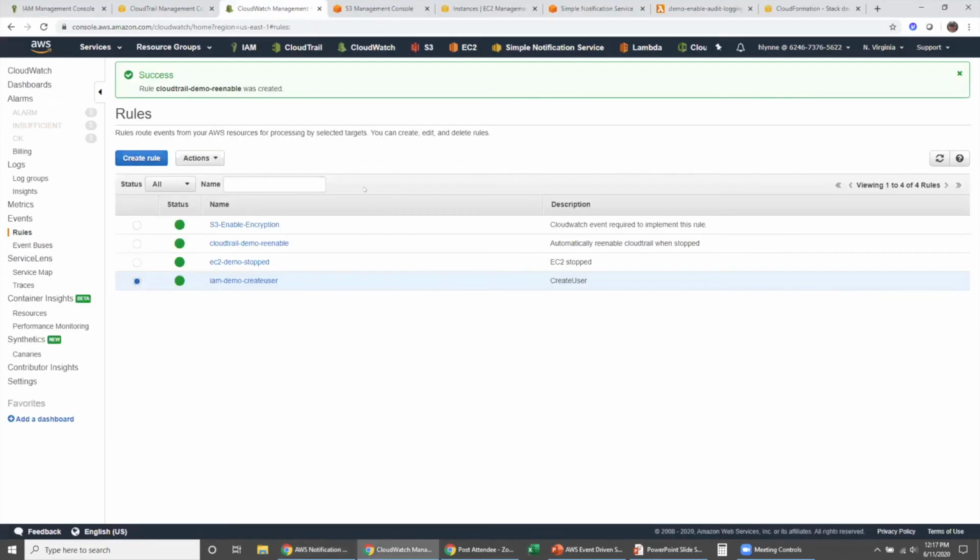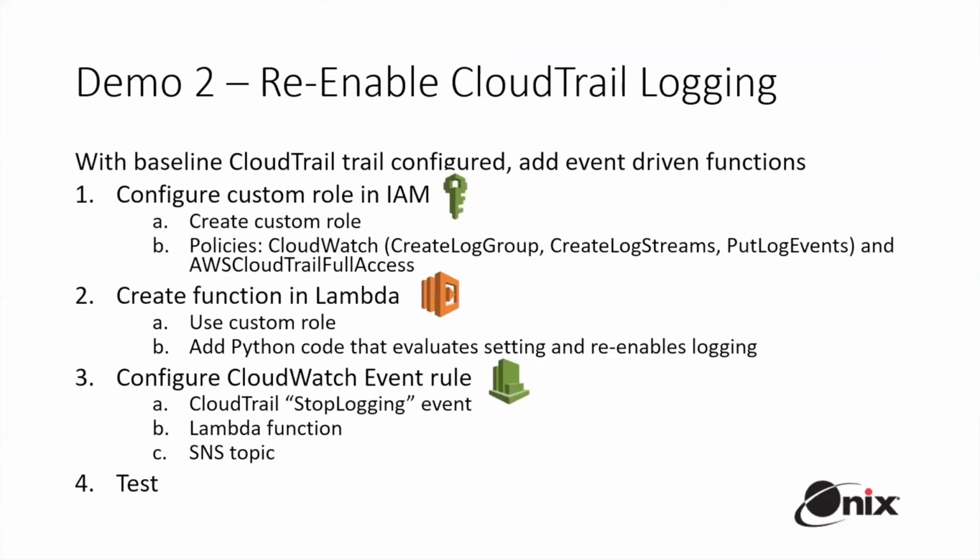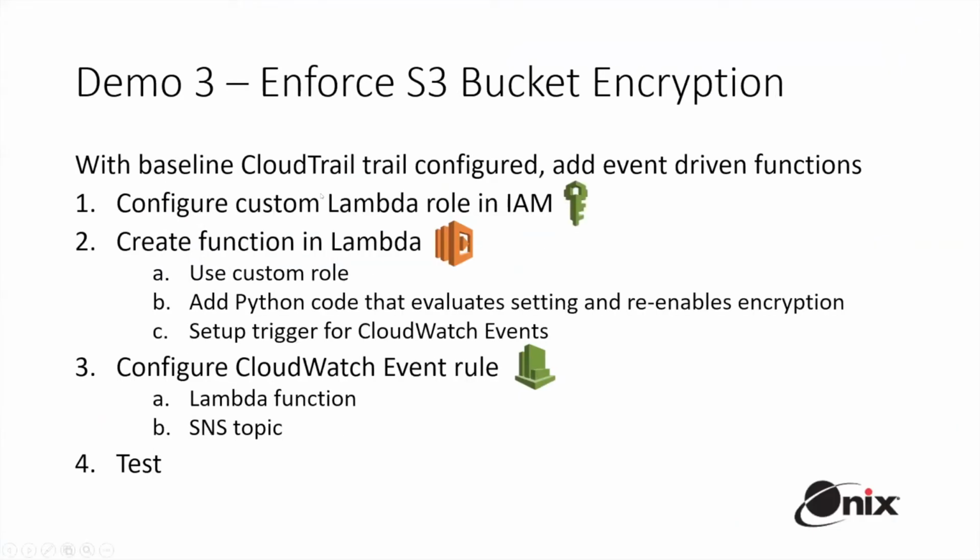So the last one is enabling encryption on a bucket. The use case for this is demo 3. This was all configured in CloudFormation. We created the function, and it's going to use a custom role.